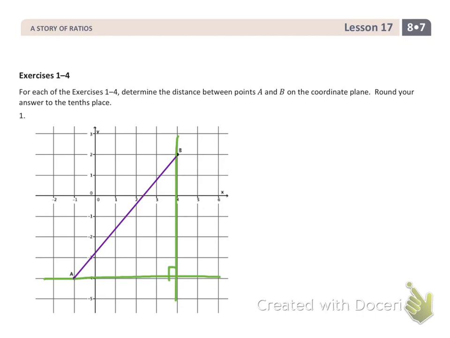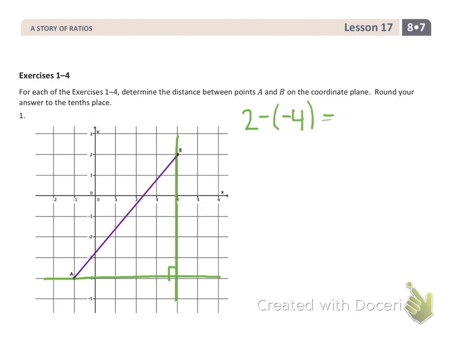So for the vertical distance, I'm looking at the difference in the y coordinates here. So I'm looking at 2 minus, it looks like a -4. 2 minus -4.